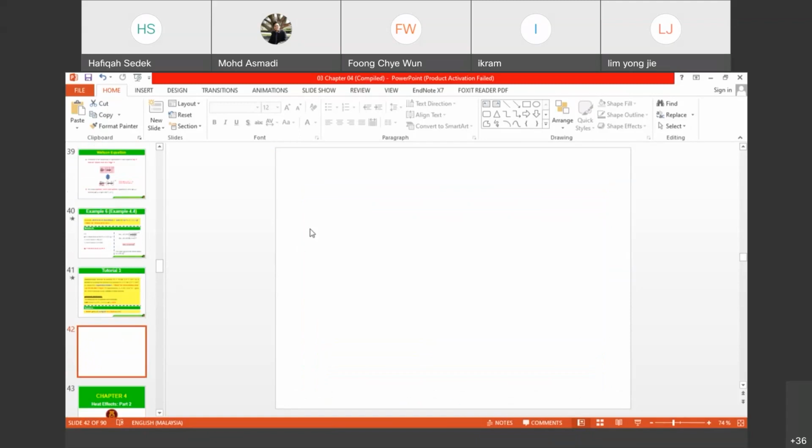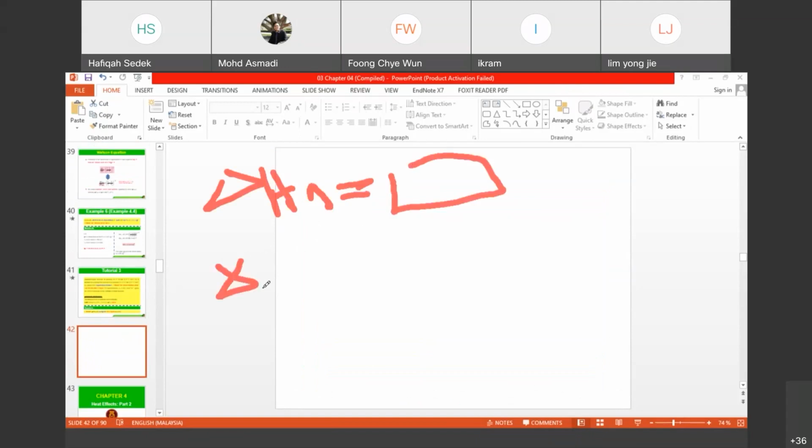Okay, for tutorial 3, the important answer that you have to determine is delta Hn. Okay, delta Hn you have to determine. And then delta Hv from the Watson equation.